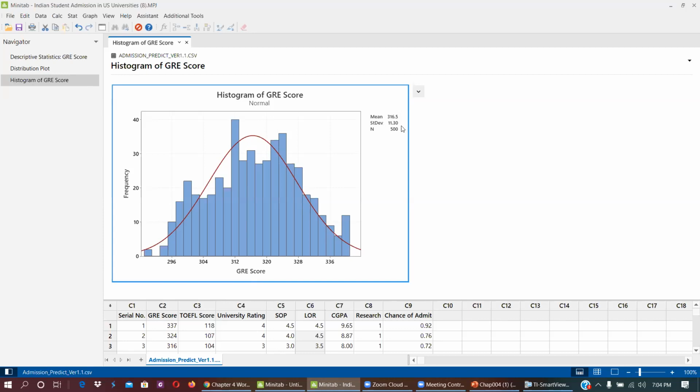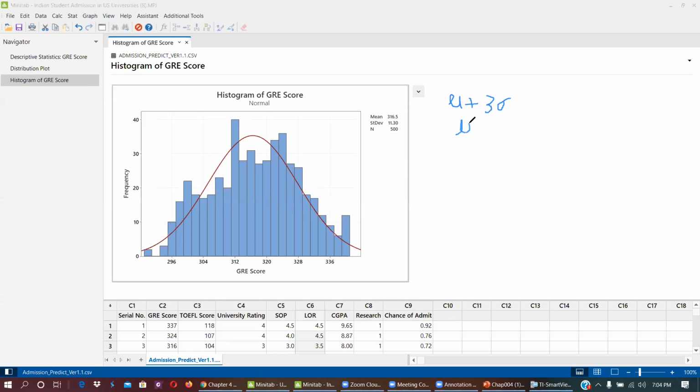What is the standard deviation here? Now let's do the simple calculation. Mu plus 3 sigma and mu minus 3 sigma. This is the limit, or this is the range.